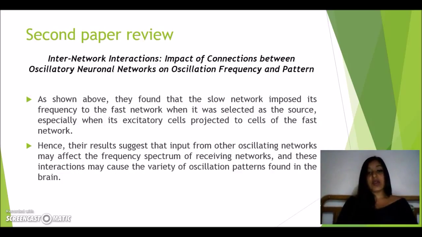So as we showed, we found that the slow network imposed its frequency on the fast network when it was selected as a source, especially when its excitatory cells projected to cells of the fast network. Hence, the results suggest that input from other oscillating networks may affect the frequency spectrum of receiving networks, and these interactions may cause a variety of oscillation patterns that we do find in the brain.